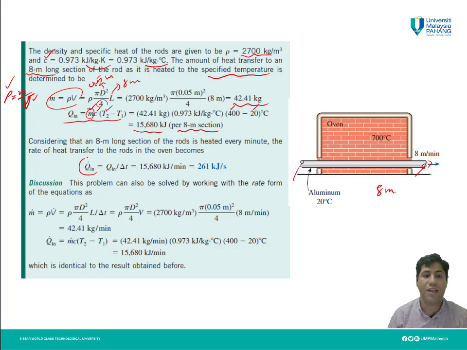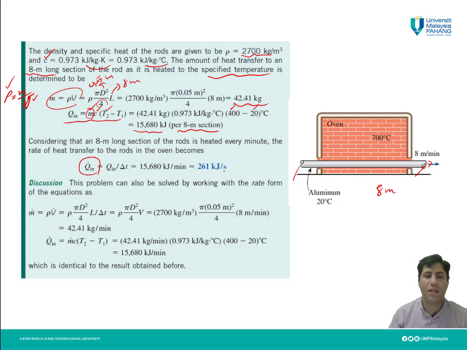So the rate of heat transfer, in other words how much energy is transferred to the rod per second, we can simply find by dividing this amount of heat transfer, which is transferred to the rod during 1 minute. So 5,680 kilojoules, we need to divide by 1 minute or 60 seconds.